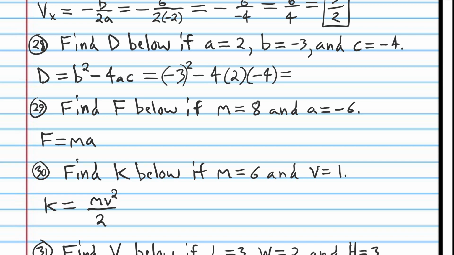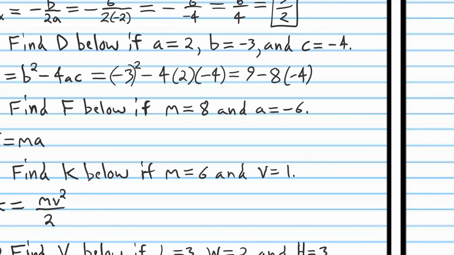So -3 to the second power is 9. And -4 times 2 is -8. And -8 times -4 is +32. Whoops.